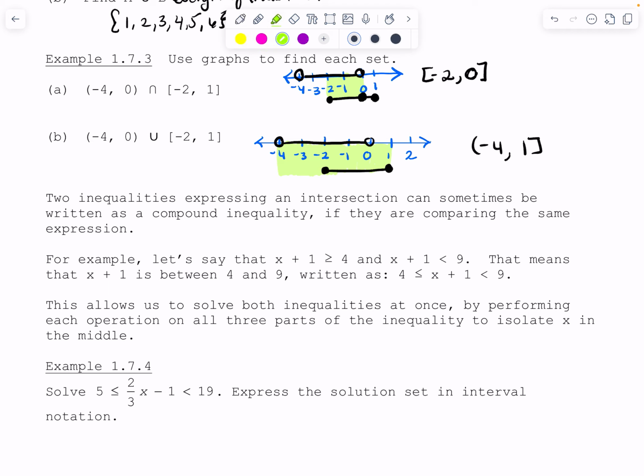If you notice, x plus 1 is in both of these, right? So we can sandwich x plus 1 between 4 and 9 and write this as 4 is less than or equal to x plus 1, which is less than 9. Okay? This allows us to solve both inequalities at once by performing each operation on all three parts of the inequality to isolate x in the middle.